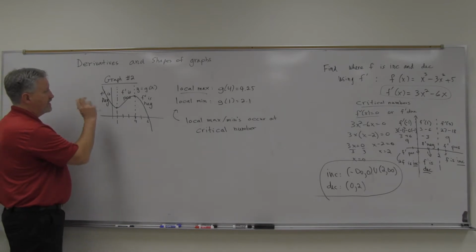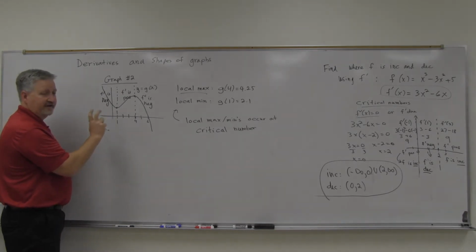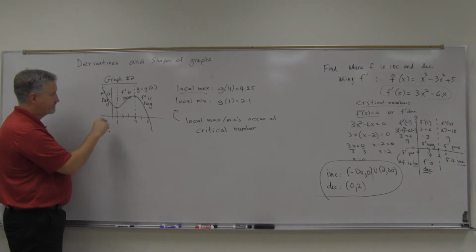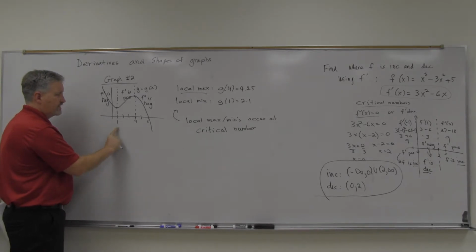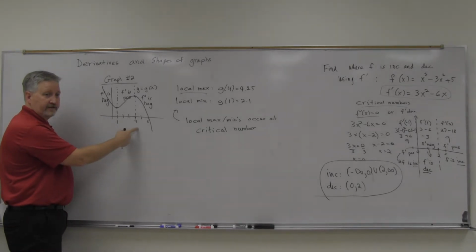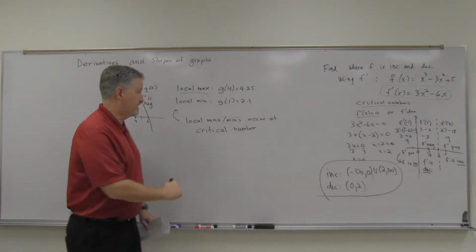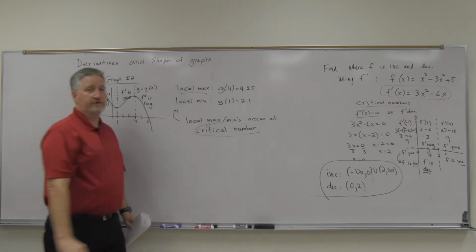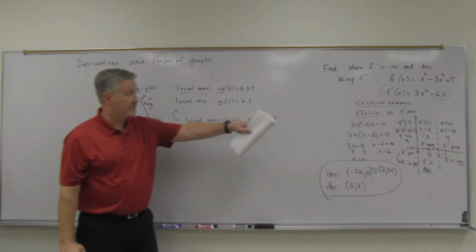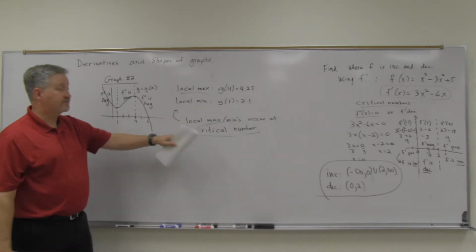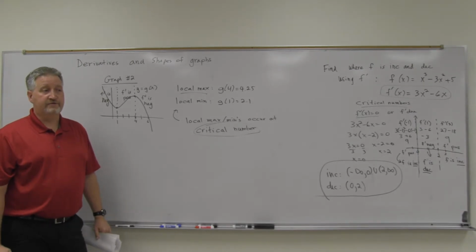All right. So here's what we want to see. So again, the critical numbers are going to give us those potential local maxes and mins. That's what the critical numbers can also give us. They give us the endpoints for the increasing and decreasing, but they also tell us about potential local maxes and mins.